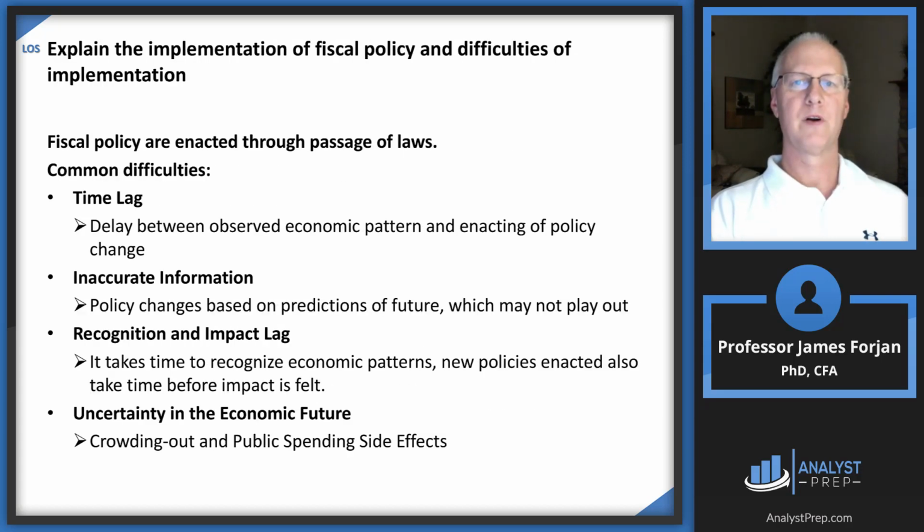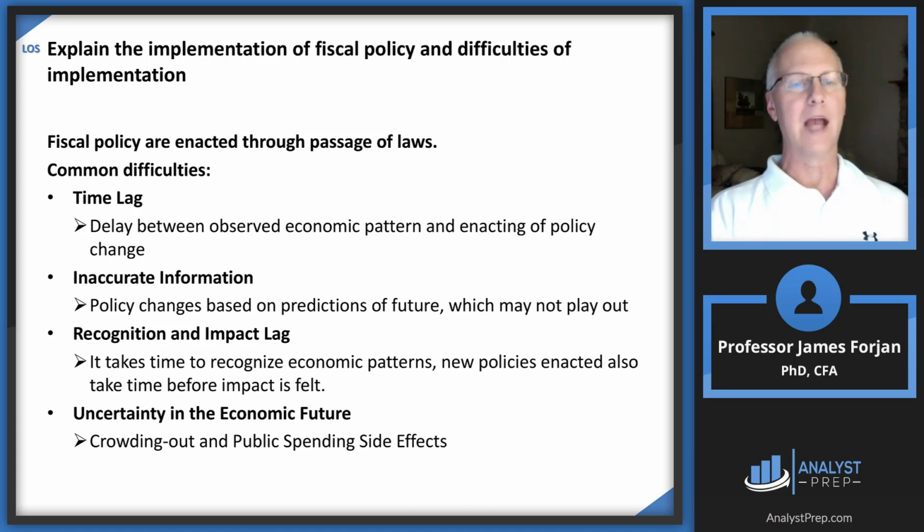How about difficulties of implementing fiscal policy? Yeah, this is a good question here. Think about what's happening when Congress passes a law and then it goes to the president to sign it. That happens sometime in the immediate future. If it's a tax law, it might not go into effect until the following year. So there's a time lag between the actual implementation of the law and the actual economic consequences.